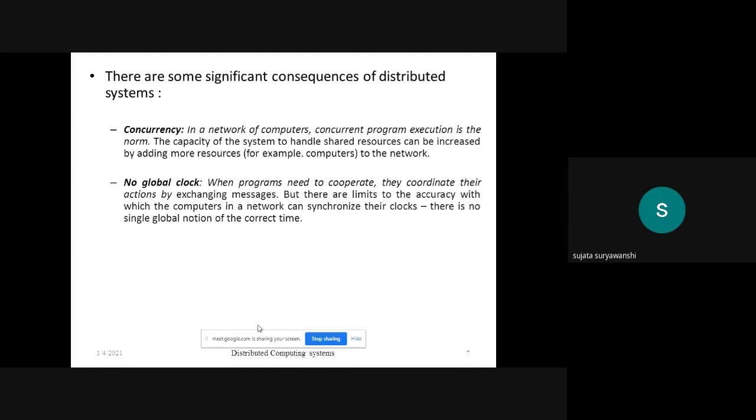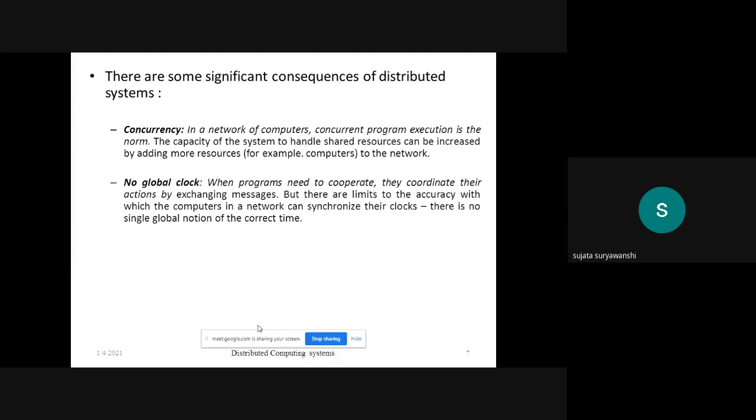Okay, so next is no global clock. Here, when programs need to cooperate, they coordinate their actions by exchanging messages. But there are limits to the accuracy with which the computers in the network can synchronize their clocks. It is very difficult to synchronize the clock in networking or in a distributed system. That's why there is no global clock.